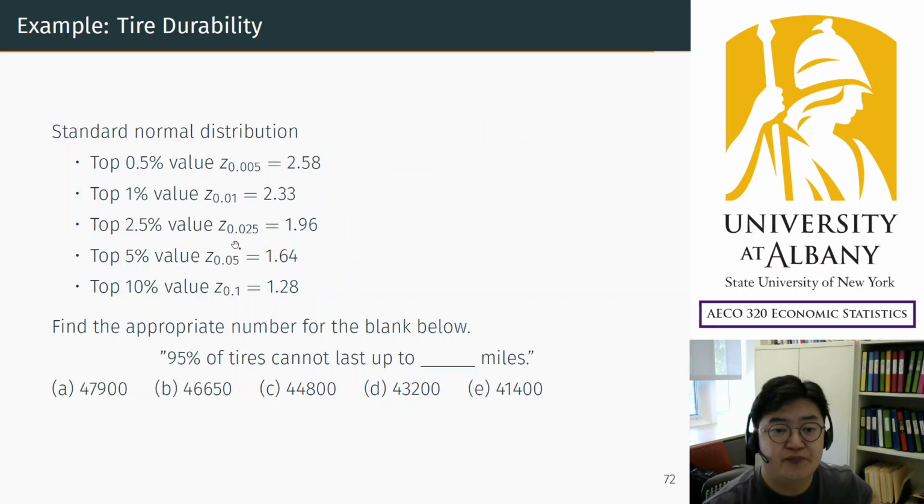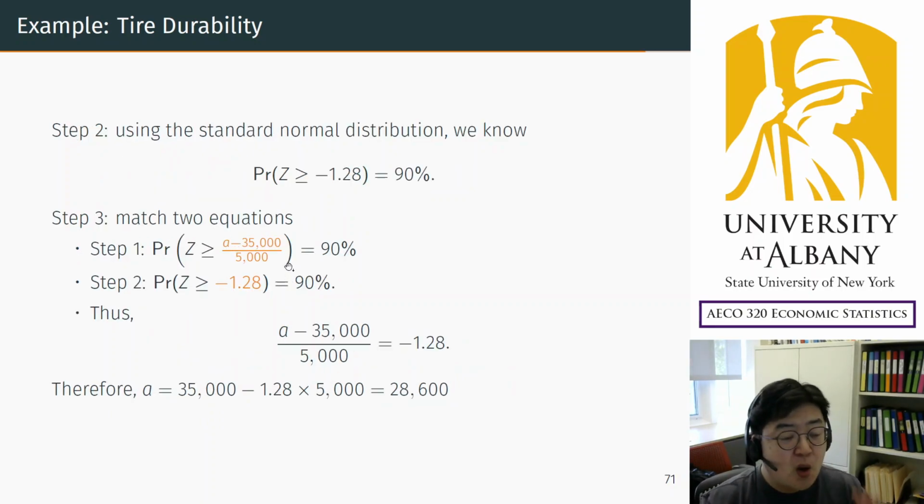Okay, so the point is these two things. Here there is an intuitive explanation for this. Remember, standardization value minus 1.28 means it is 1.28 standard deviations below the mean. So A is the number 1.28 standard deviations below 35,000.